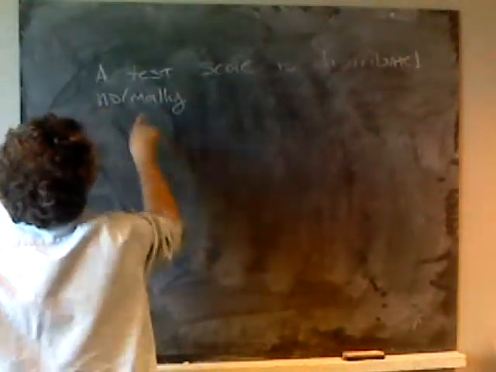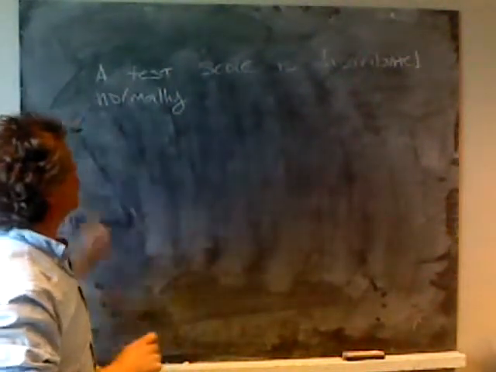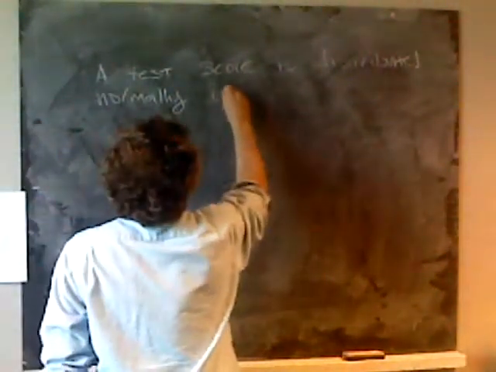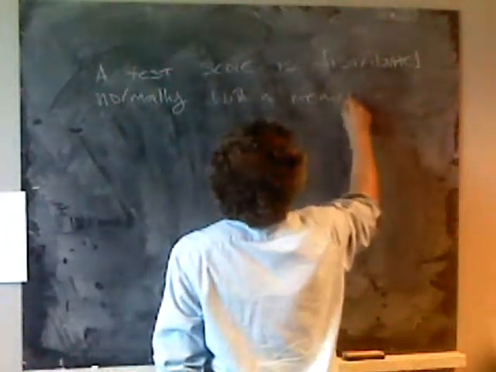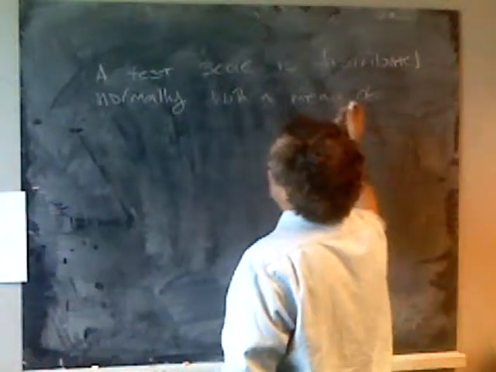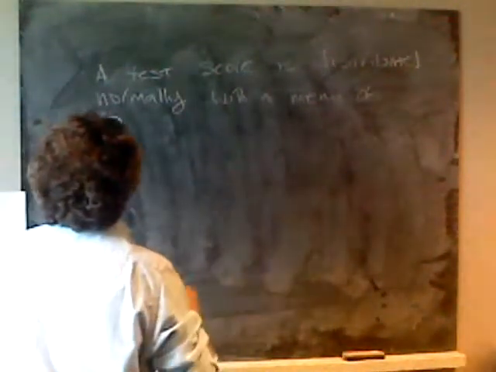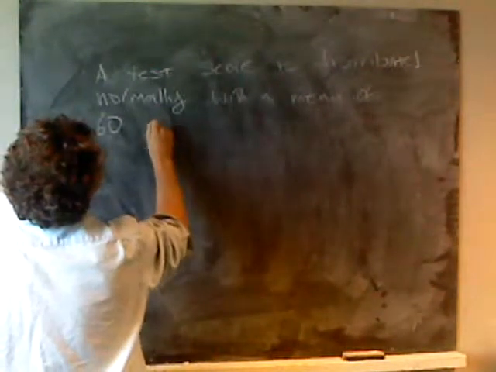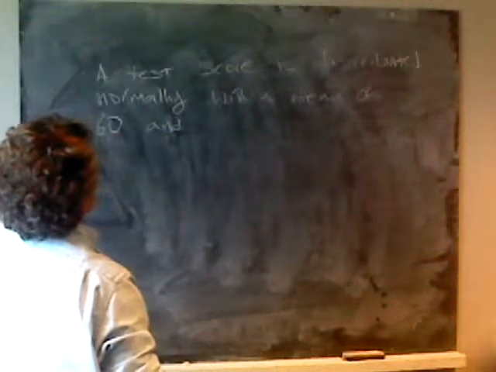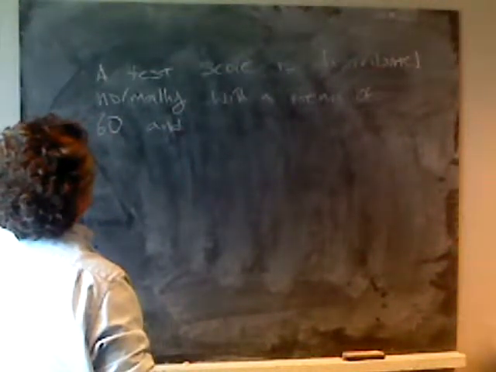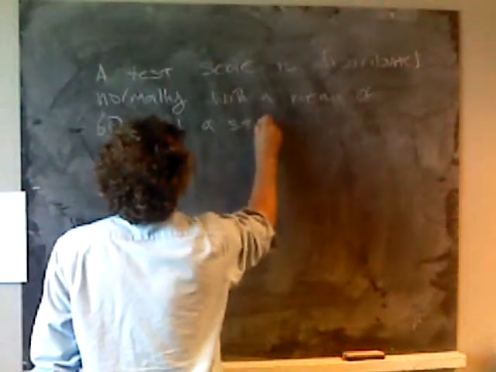So we're using that word normally in the technical sense, meaning that it's a normal distribution with a mean of, let's say, 60, and a standard deviation, I'm going to say, of 20.